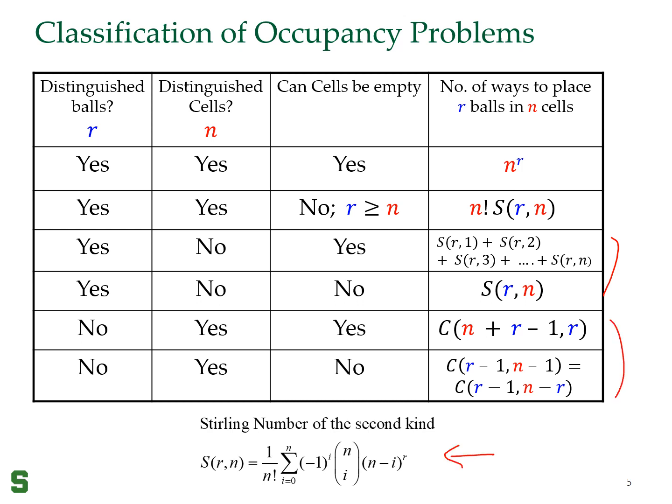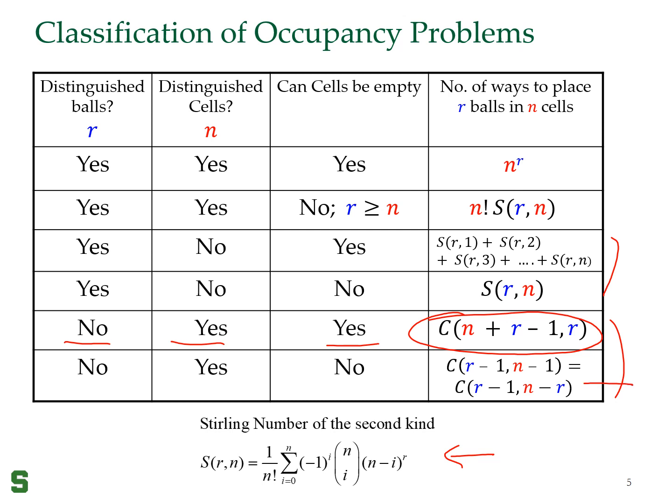These two refer to the combination formula that we looked at for permutation combination without replacement. So in this, this is something that we saw earlier, that here the balls were not distinguished, the cells were, and the cell could be empty, and that gave us C(n+r-1, r).